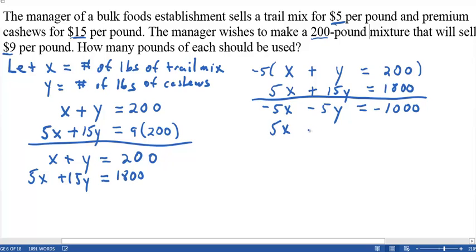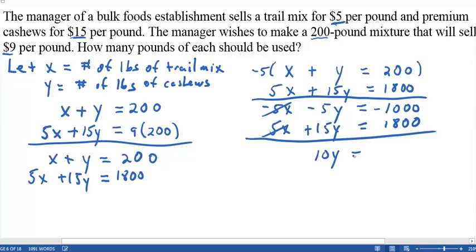So my second equation remains unchanged. And now I'm going to combine the two. So my x variable is eliminated. Negative 5y plus 15y is 10y, and negative 1000 plus 1800 is 800. Divide both sides by 10, so y would equal 80.